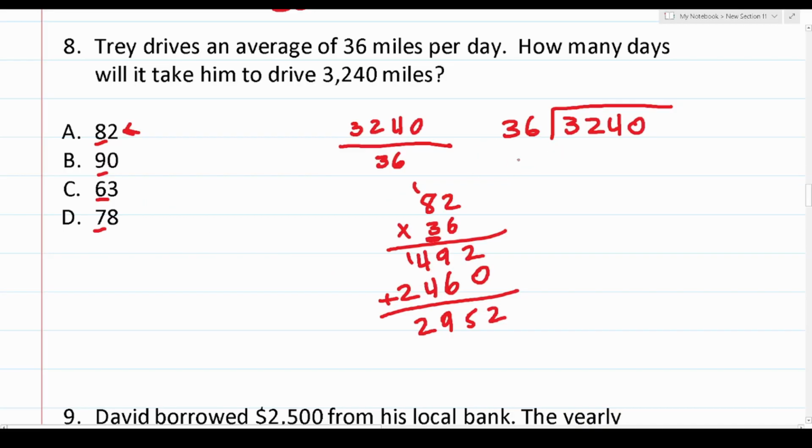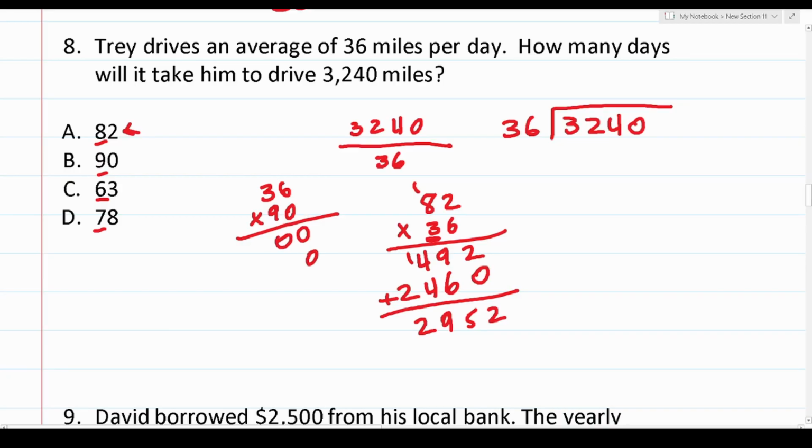I might have misspoke there when I said 36 times 9 would be too big. So let's try 90 now. We have 36 times 90. 6 times 0 is 0. 3 times 0 is 0.